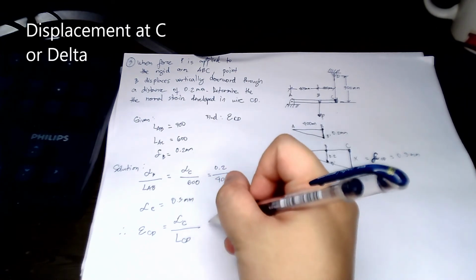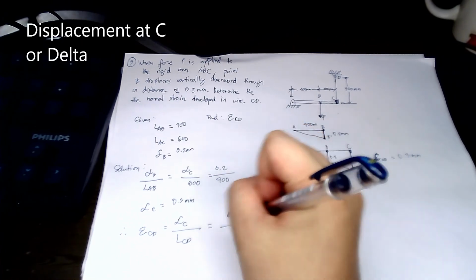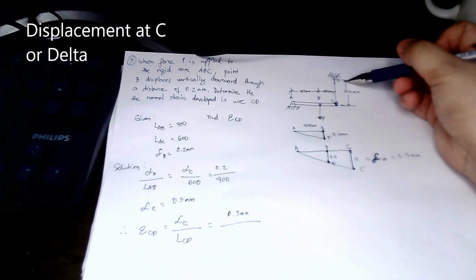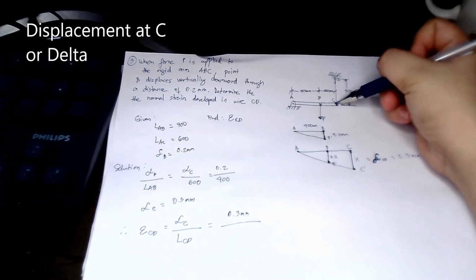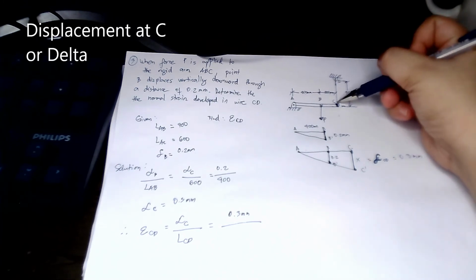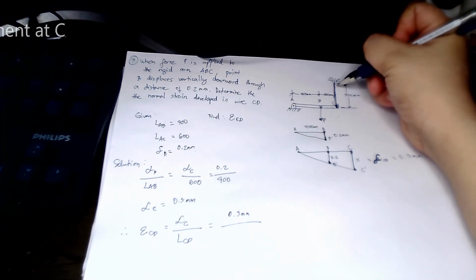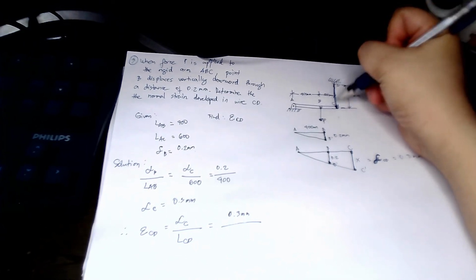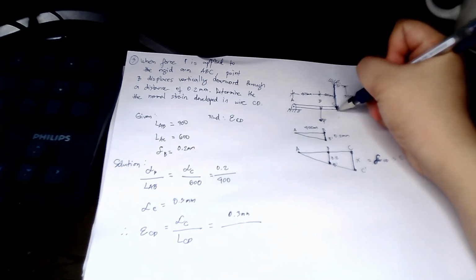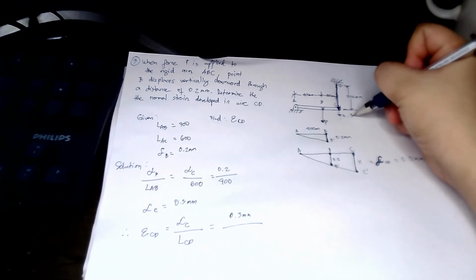So this, and we already know it's 0.3 mm over this length CD, because it is connected, right? So if this goes down by 0.3 mm, automatically this wire, if you call this wire, will stretch by 0.3 mm.